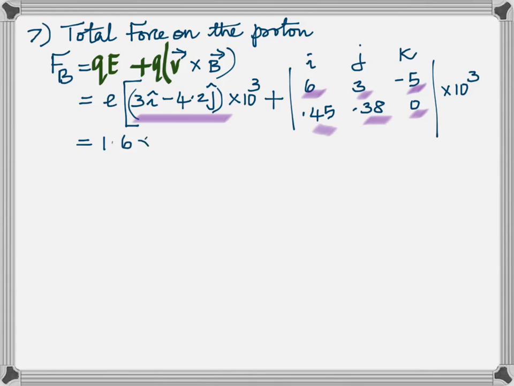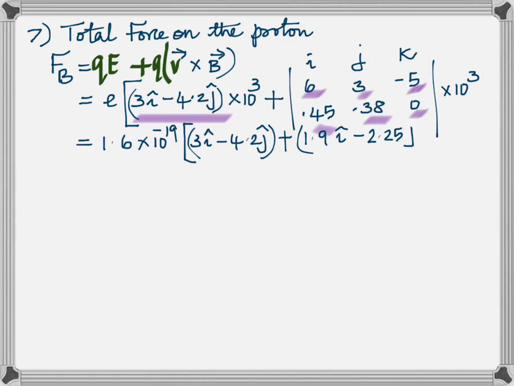So that's the charge of the proton, and then the electric field. I'm going to write 10 to the power 3 as common because there's both, and when you take the cross product, this is what we get. It's just a matter of simplifying this.